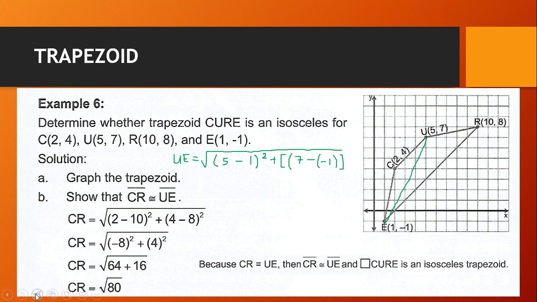This needs to be erased, so let's erase this one.